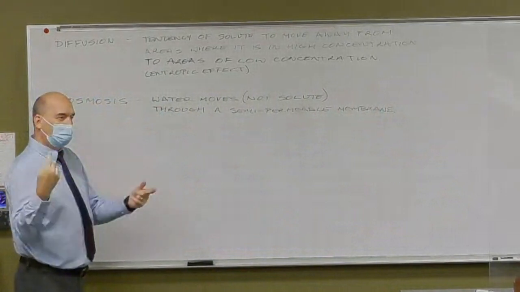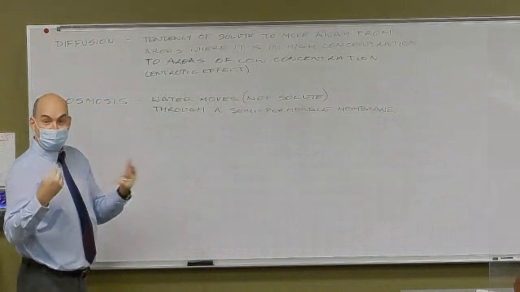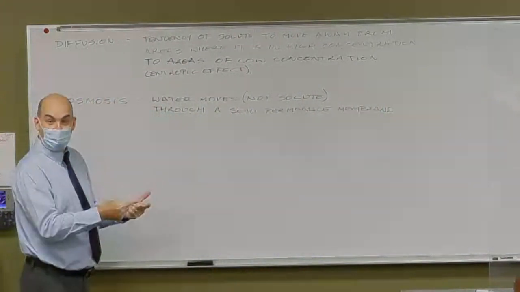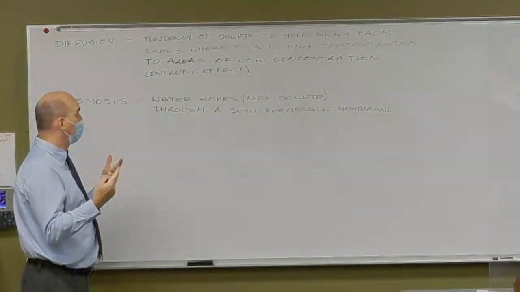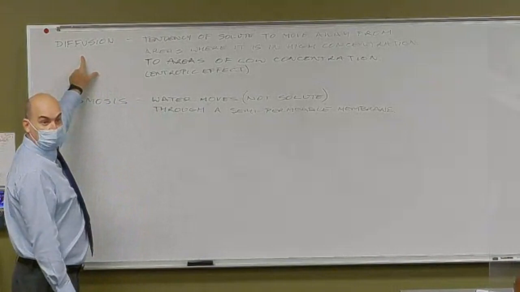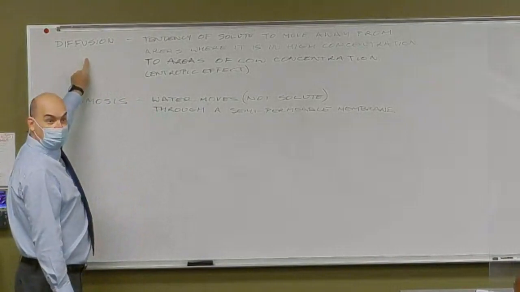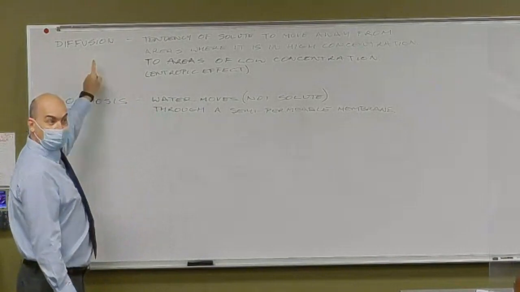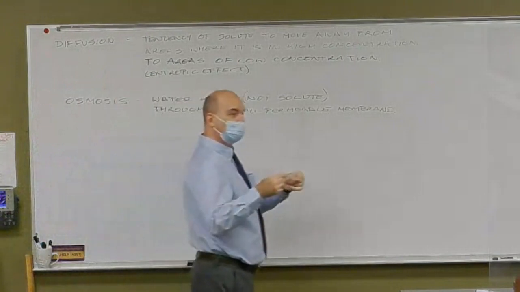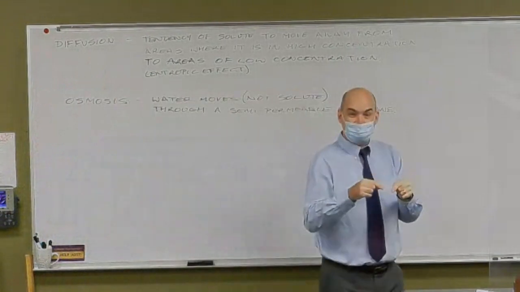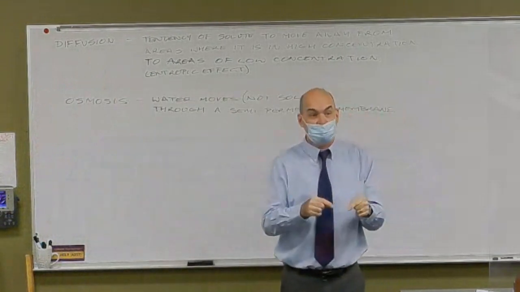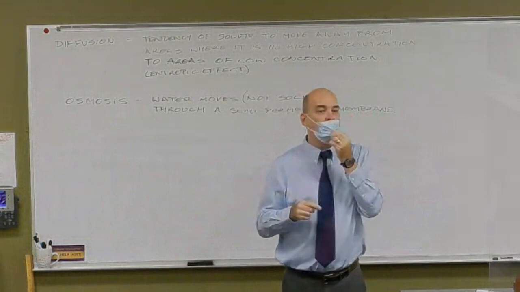And if the balance of salt on the outside is different than the balance of salt on the inside, this wants to happen. This wants to happen to make the concentration of the salty water inside the cell be the same as the concentration of the water outside the cell.